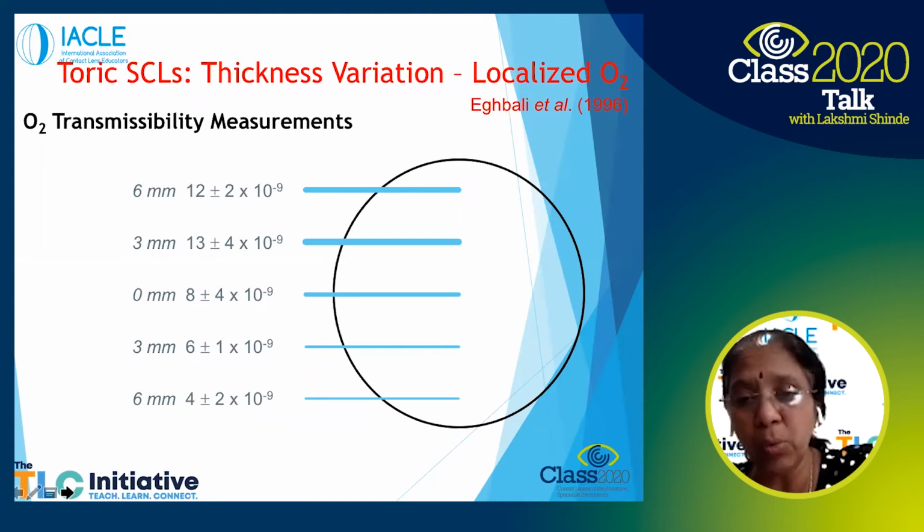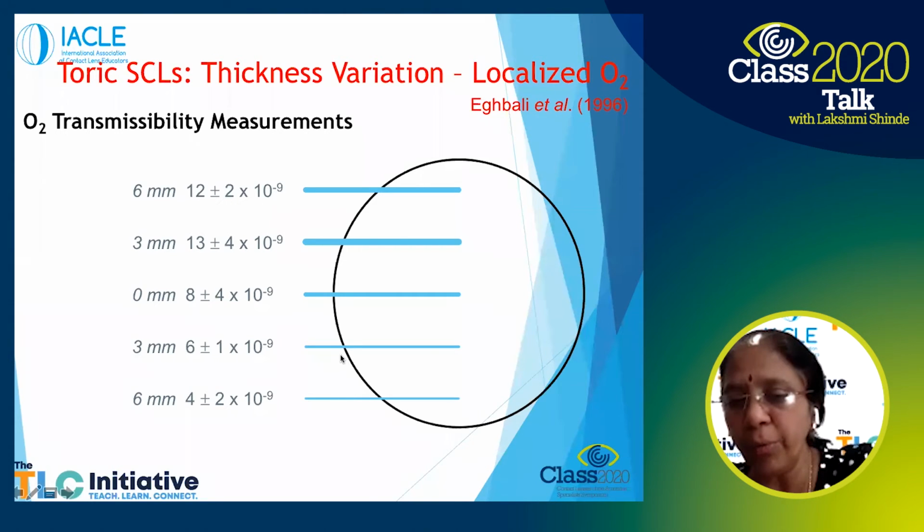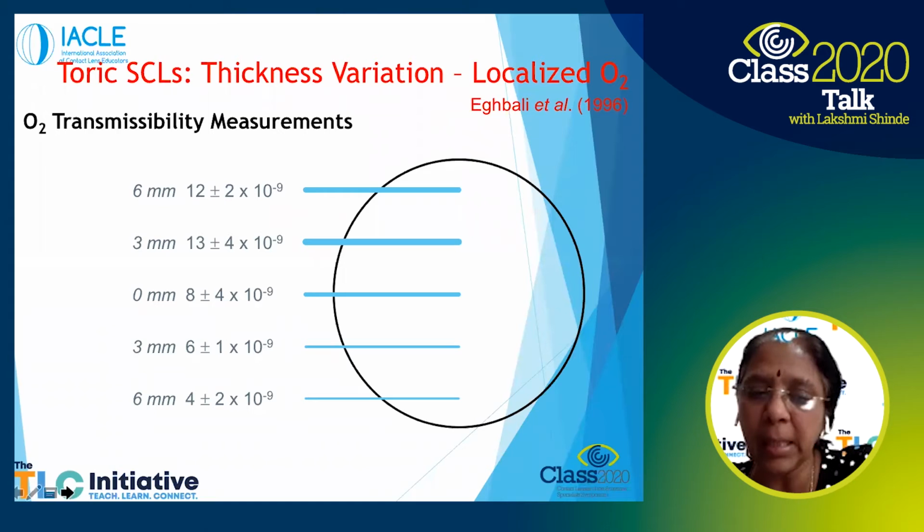This was an issue in olden days, but nowadays it's really not an issue with the improved materials. Earlier, we did see some amount of vascularization and hypoxia occurring in very high power toric lenses, especially in the lower portion of the cornea. Whereas, as I said, nowadays you really don't see that much because we have better materials, and of course, the modality as well as daily disposables.